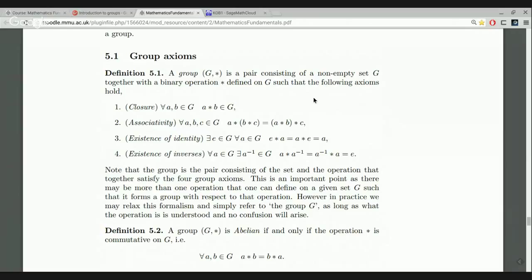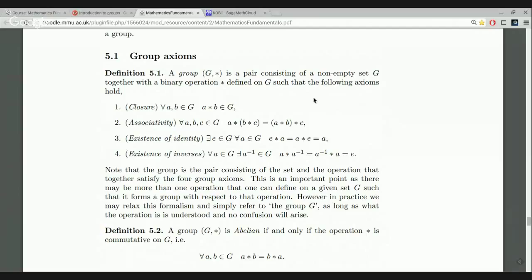Now, you can have lots of sets with lots of binary operations on them. A group is a set with a binary operation that is quite well behaved. So it is quite ordered and follows definite trends mathematically, and has good structure mathematically.